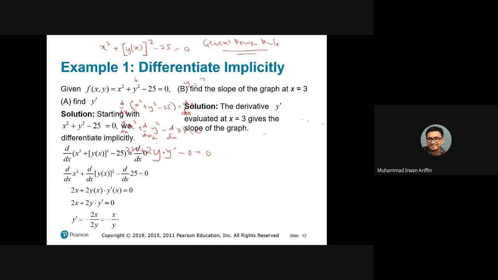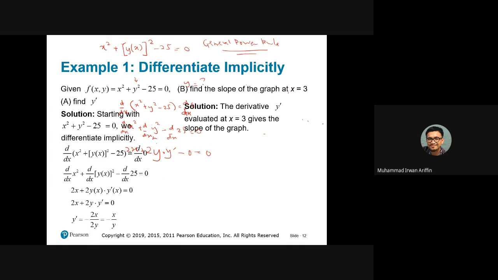But when x equals 3, we still have y, right? If you simply put this x into this equation, because this is basically the slope. One of the interpretations of the derivative is that it is the slope of the graph.